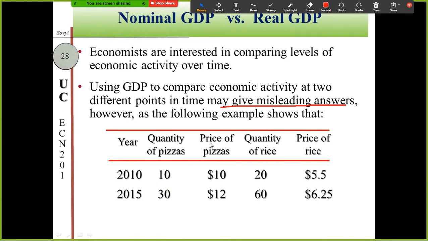For every product we have two items, quantity and price. These two columns represent the quantity of pizza produced and the price of pizza, and the other two columns represent the quantity of rice produced and the price of rice.